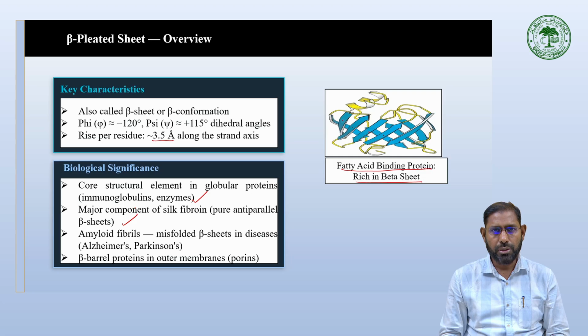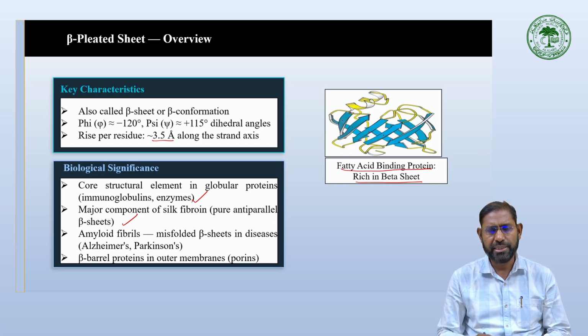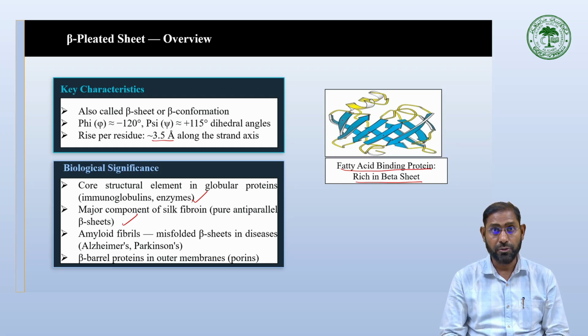Then it is also an example of amyloid fibrils, which I discussed last week, a misfolded beta sheet in diseases like Alzheimer's and Parkinson's. And also beta barrel proteins, such as porins in the outer membrane of cells.